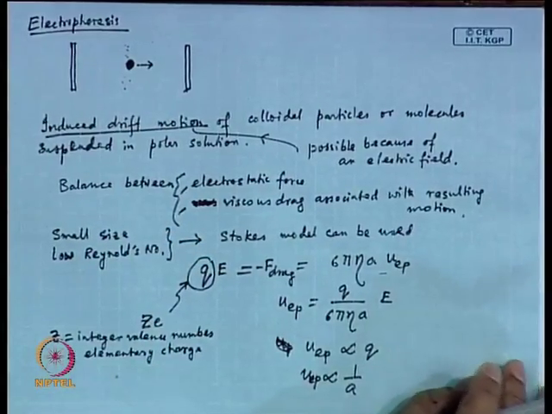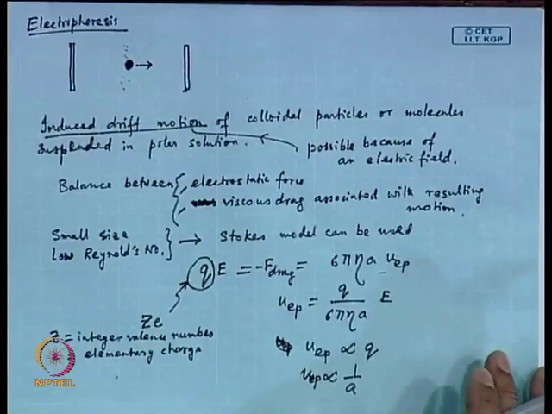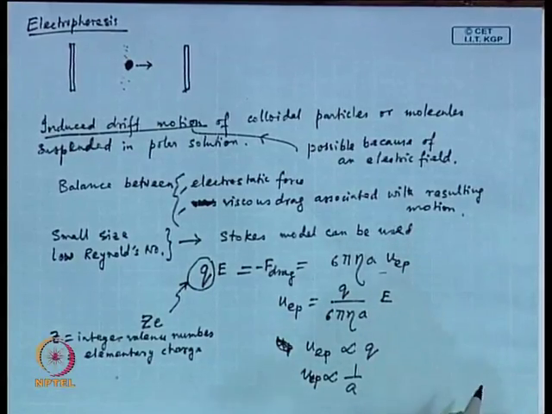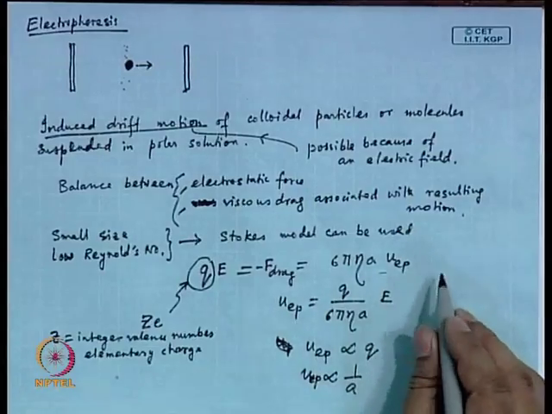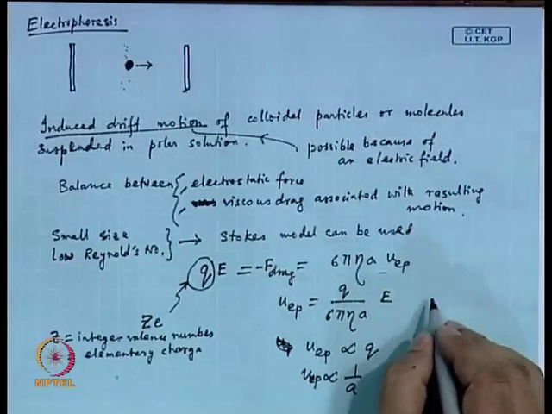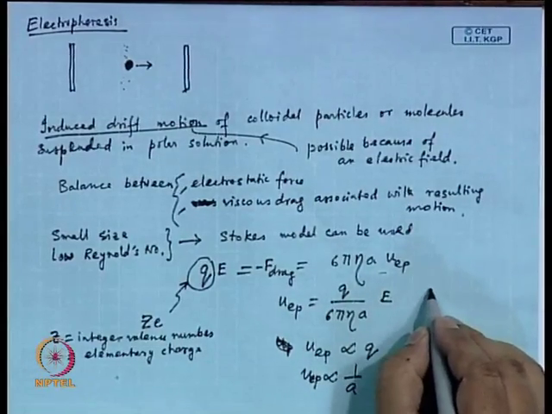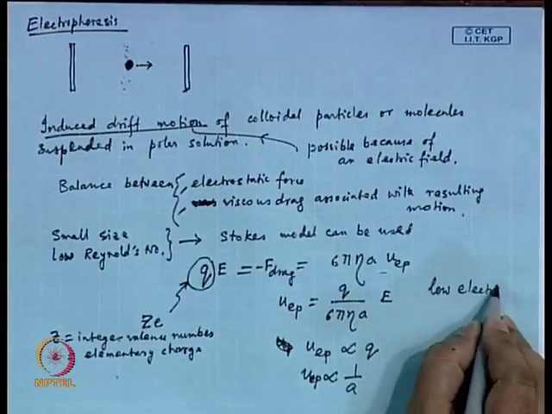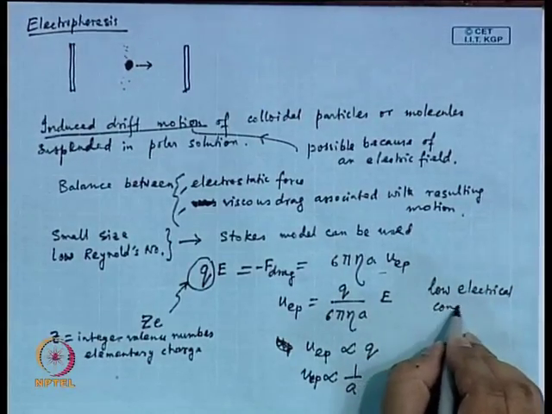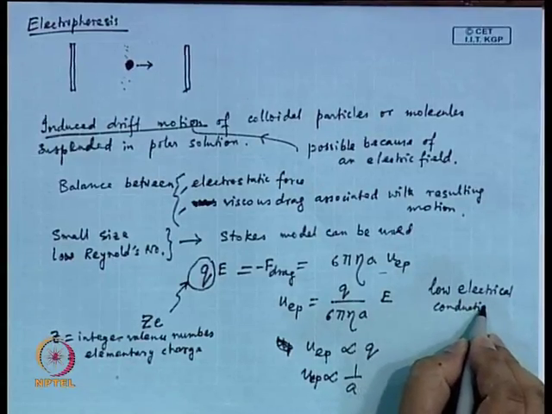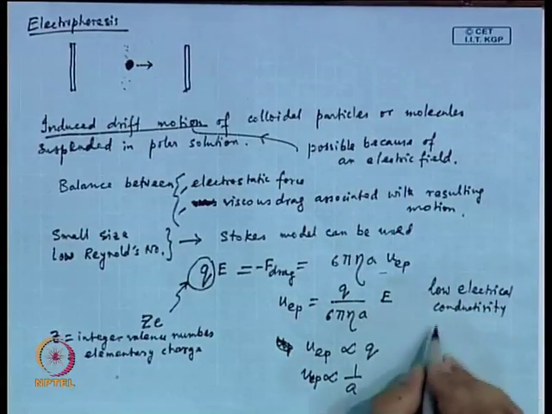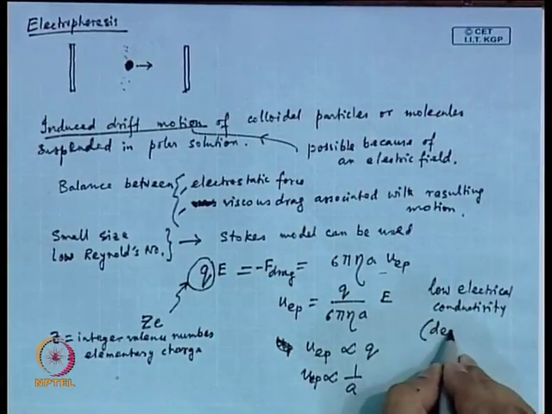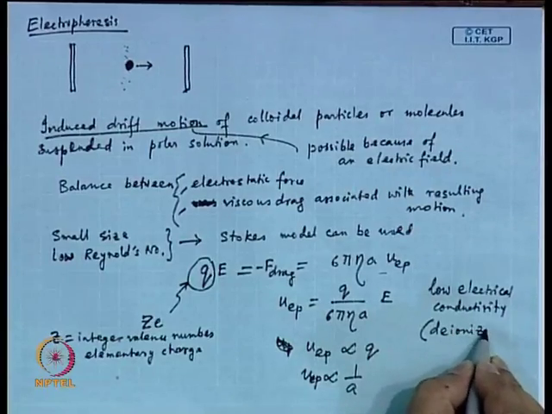Now, this liquid should be of low electrical conductivity, that is one criterion we have here. A good example of low electrical conductivity would be deionized water.